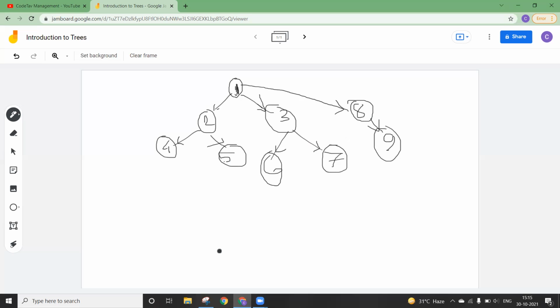For you to be able to understand the terminology associated with trees, I will further name those nodes.